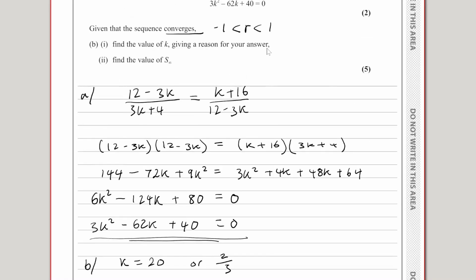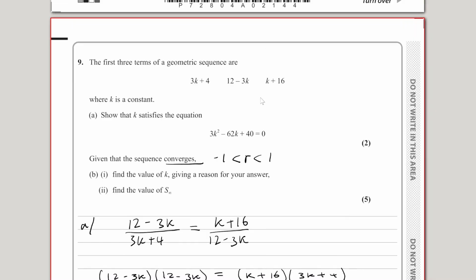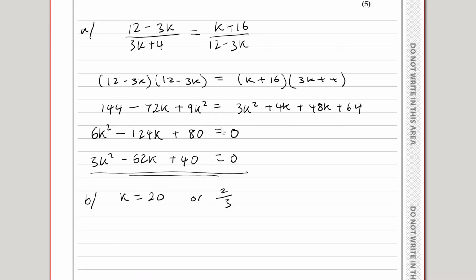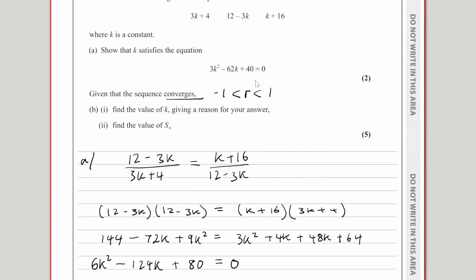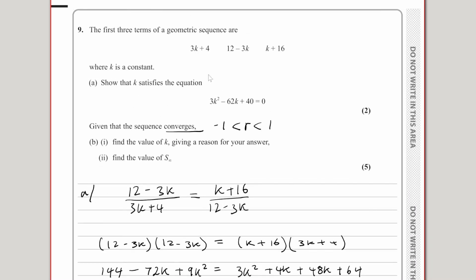K equals 20 or 2/3. And we want the common ratio to be between -1 and 1. So the value of k isn't the common ratio.